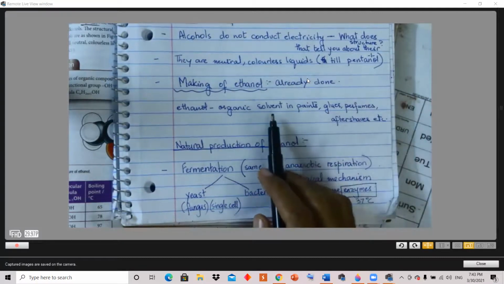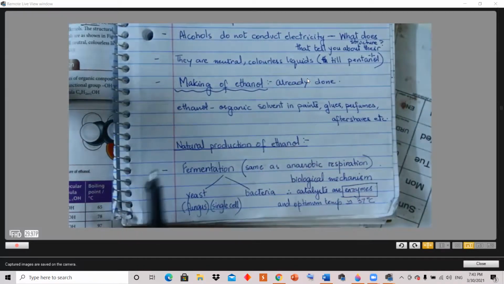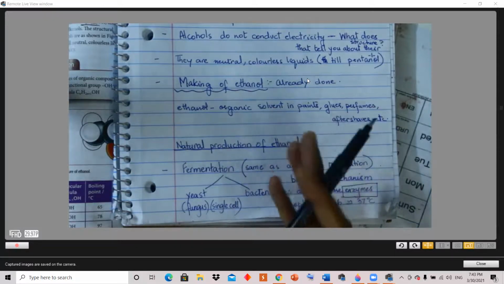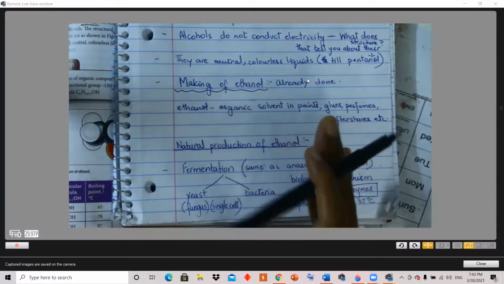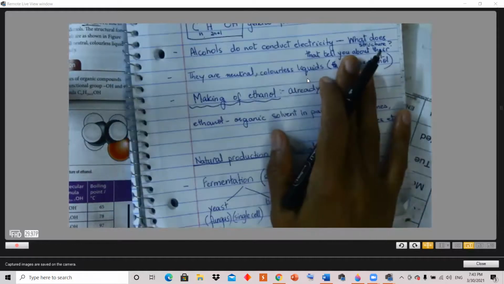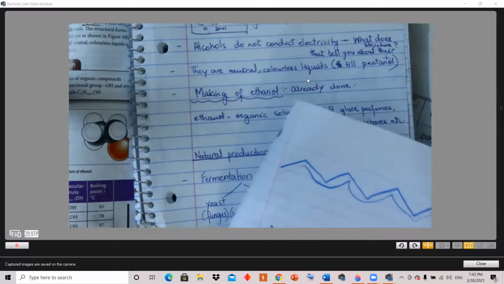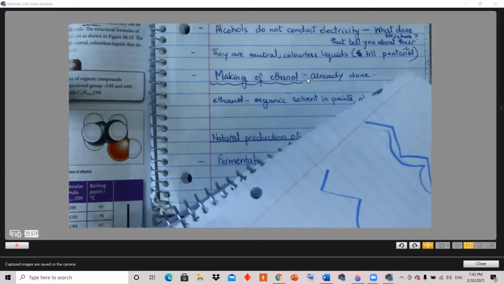So this is industrial, what I just showed you, hydration of ethene. And now this is the natural production of ethanol, natural meaning within the organisms. Okay, without looking, real quick revision. What is fermentation?